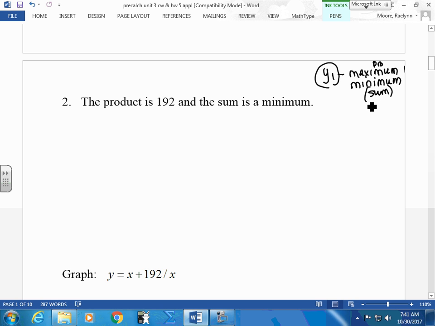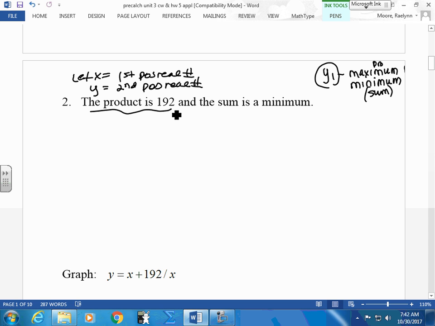Okay. Now, we started off before with two variables. Let x equal the first positive real number and let y equal the second positive real number. It's the same setup as we did before. So now, we have to take the product of these two numbers.